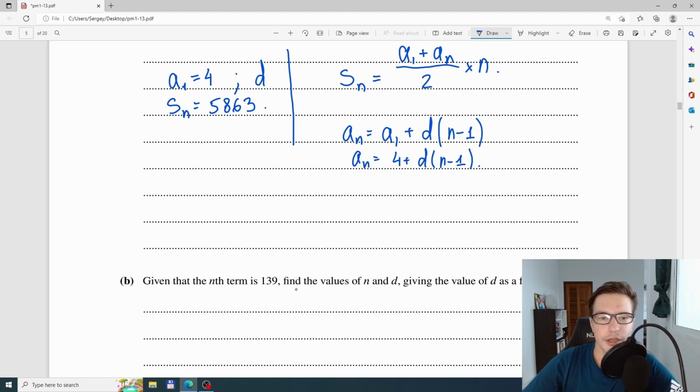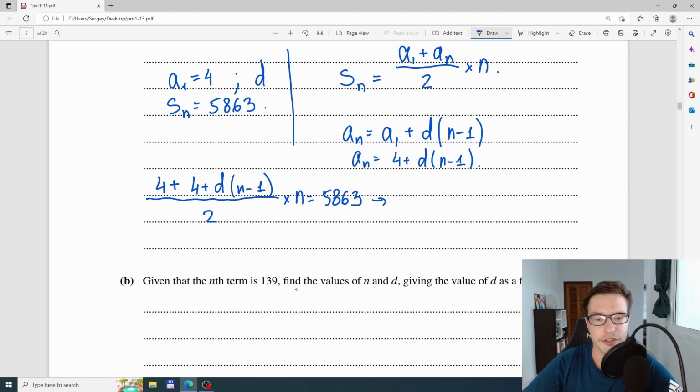Okay, now let's substitute everything into the formula for the sum. And we'll get (4 plus 4 plus d times n minus 1) divided by 2 times n, and that equals to 5863.